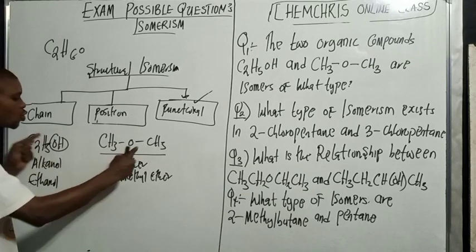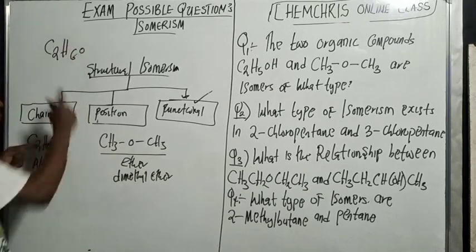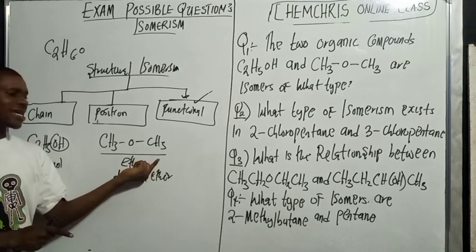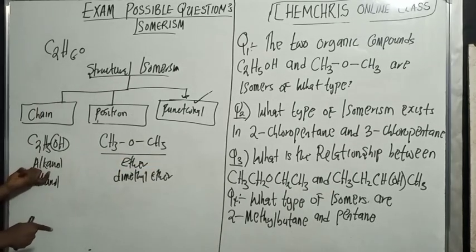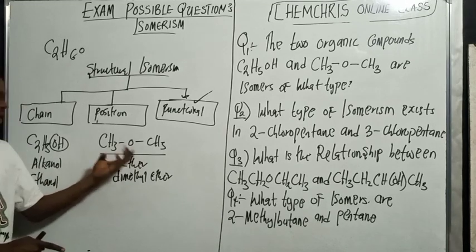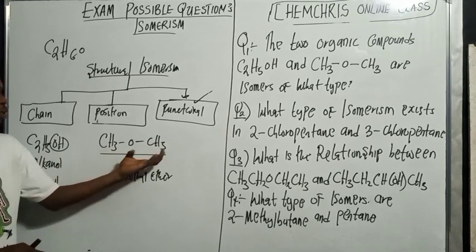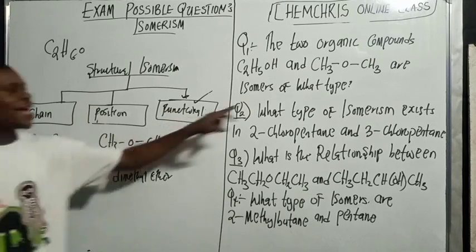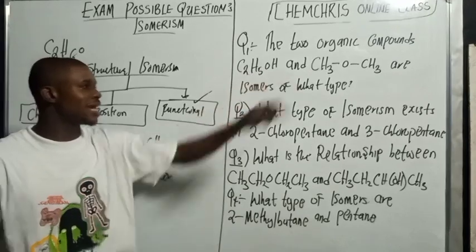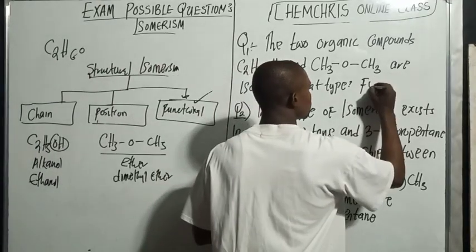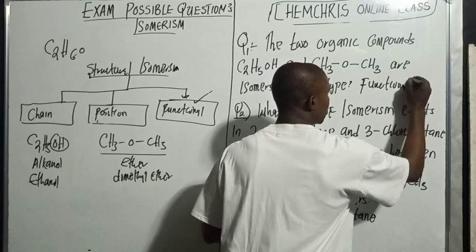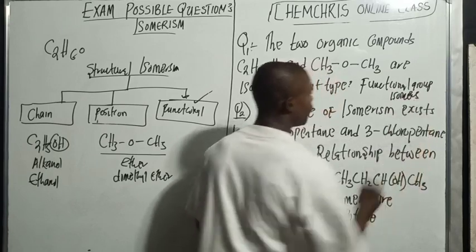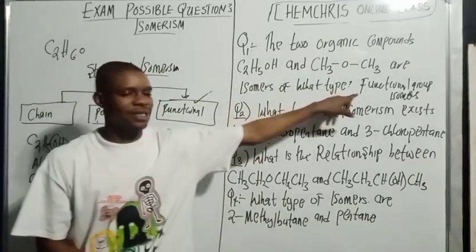Because the two have the same molecular formula but different functional groups, ether is totally different from ethanol. So the type of isomerism that exists here is functional group isomerism. That is the answer.